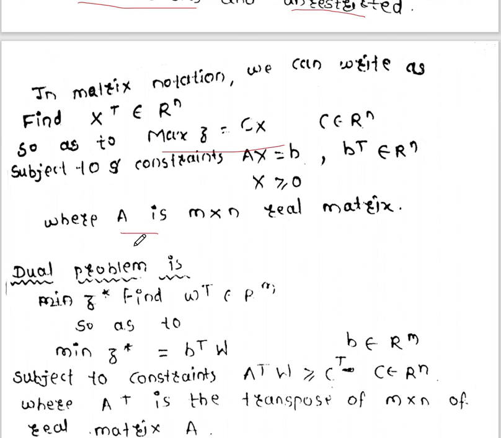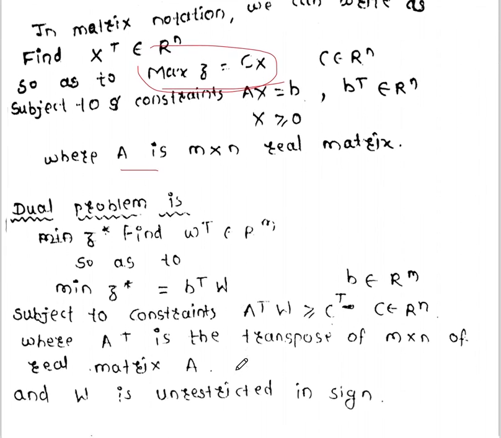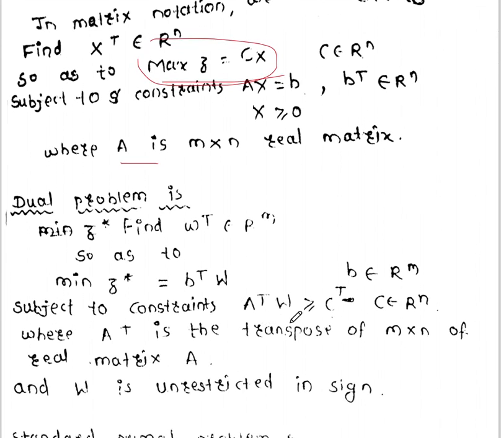Then the dual of this problem can be written as minimum z star equal to b transpose w, subject to the constraints A transpose w greater than or equal to c transpose, where A transpose is the transpose of the m cross n real matrix A and w is unrestricted in sign, or we can say that w is the dual variable of the primal problem. So this is the matrix notation of the primal to dual.